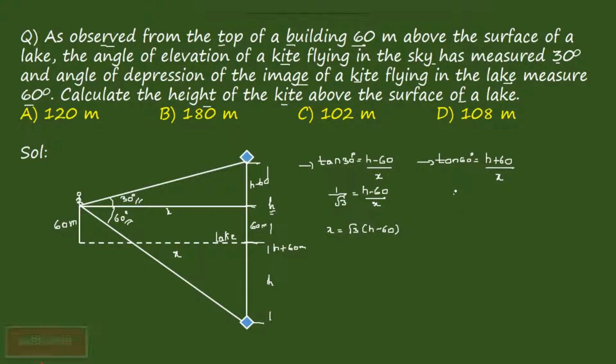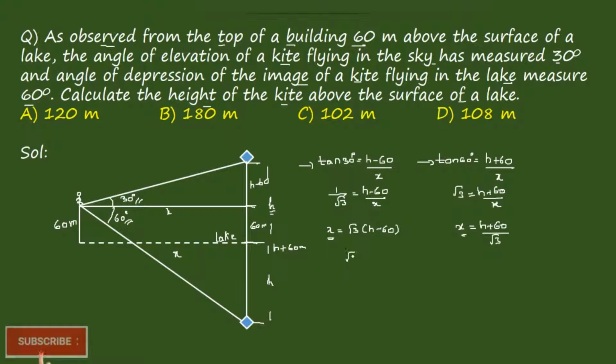Tan 60 is root 3, which is equal to h plus 60 by x. Then we get x is equal to h plus 60 by root 3, right? The x are the same, so we can equate them.